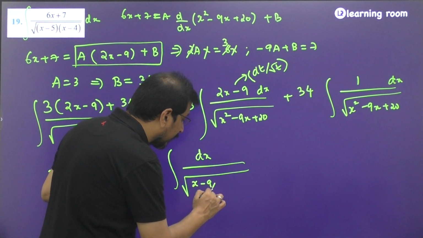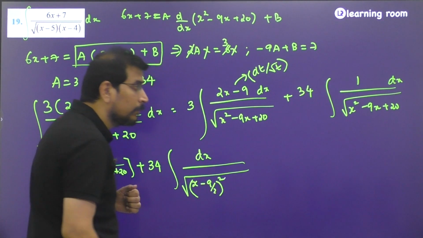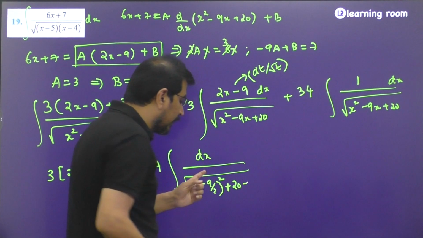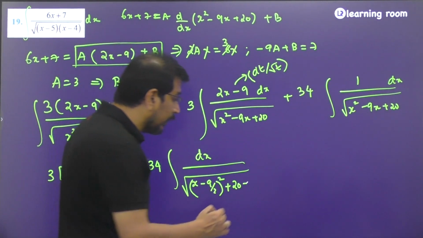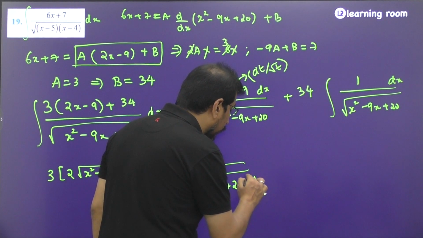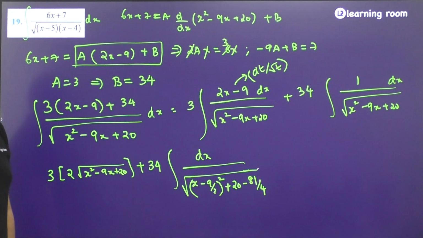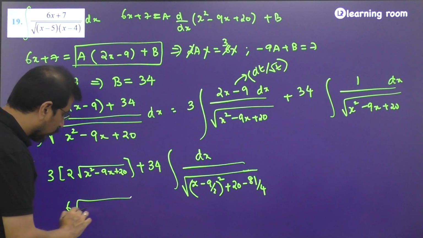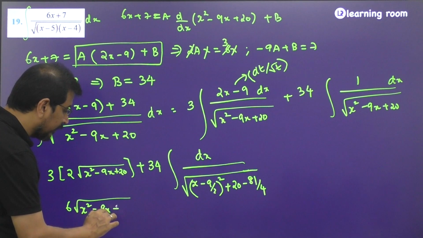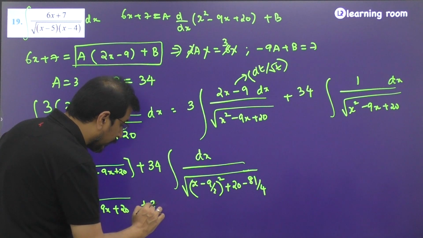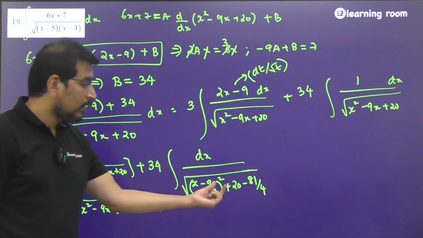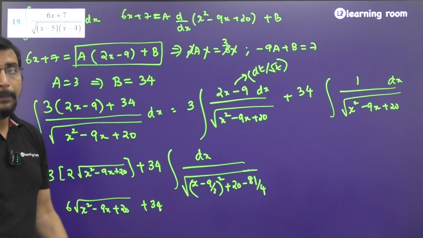x minus 9 by 2 the whole square plus 20 minus 9 by 2 the whole square, which is going to be 81 by 4. It will be 81 divided by 4. So this will be how much? 6 into the root of x square minus 9x plus 20 plus 34 into this: x minus 9 by 2 the whole square plus 20 minus 81 by 4, which is actually minus 1 by 4.